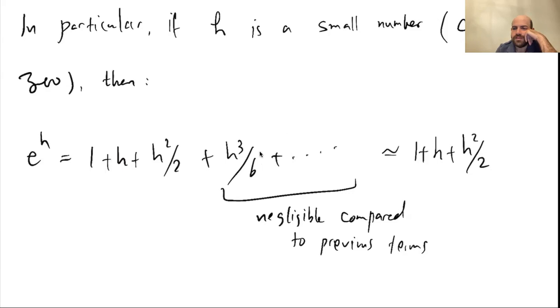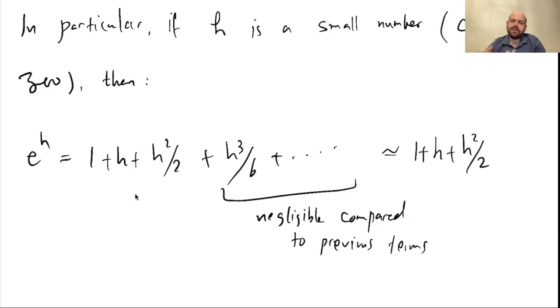Although there are infinitely many terms, because the sum continues forever, h to the power 4 over 4 factorial, h to the power 5 over 5 factorial, and so on, the addition of all these terms from h cubed over 3 factorial to the end is still negligible compared to the addition of the first three terms.